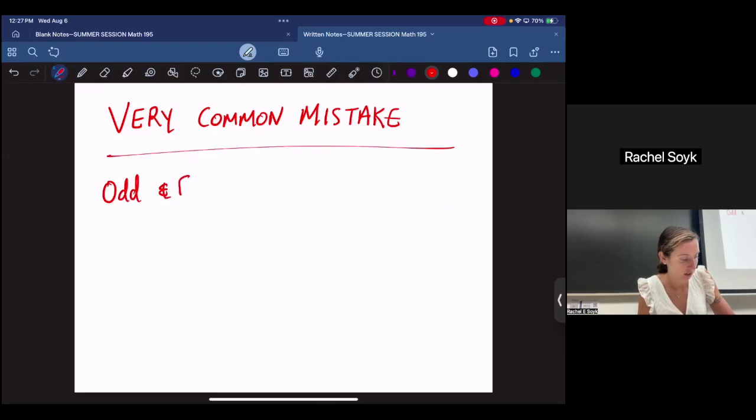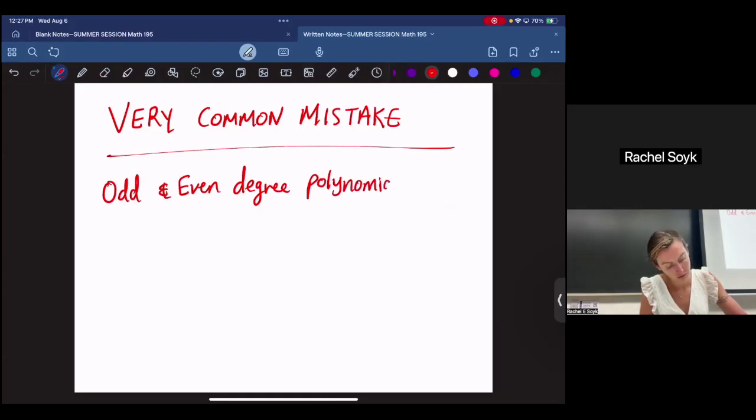Odd and even degree polynomials are not the same as odd and even functions.